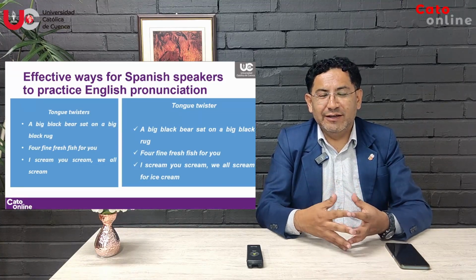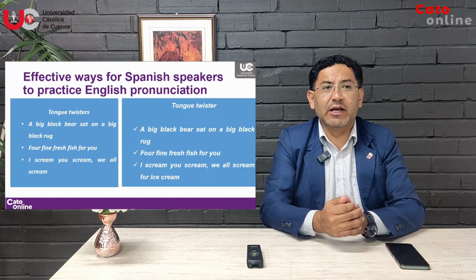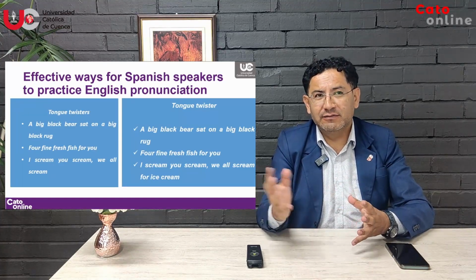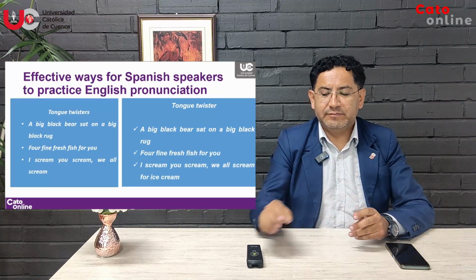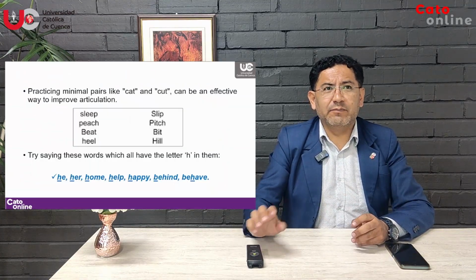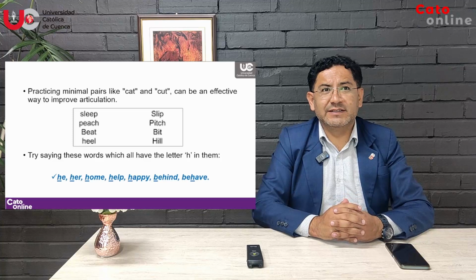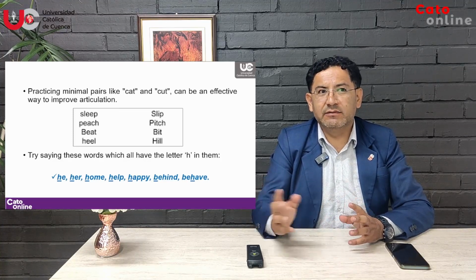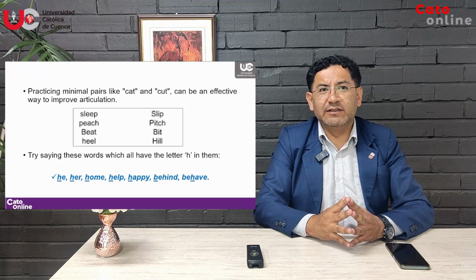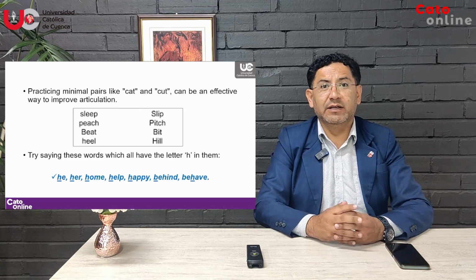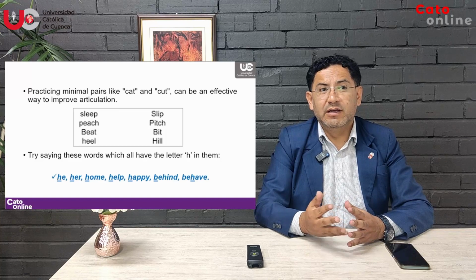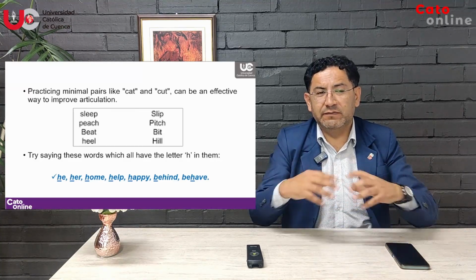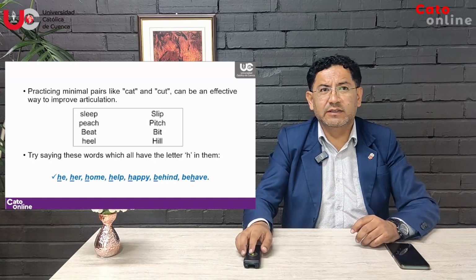You have to encourage your students to practice saying it fast, okay? Also, practice minimal pairs like sleep, slip, pitch, pitch, okay? Or try saying words which all have the letter H, for example, he, her, him, her. Try to use different consonant sounds in this case.